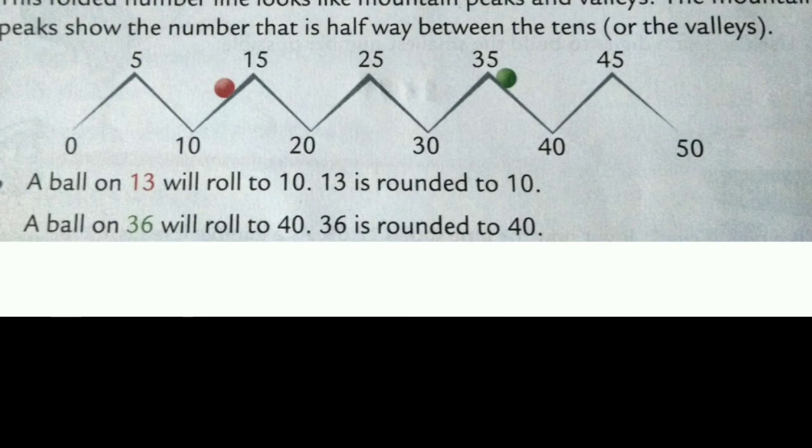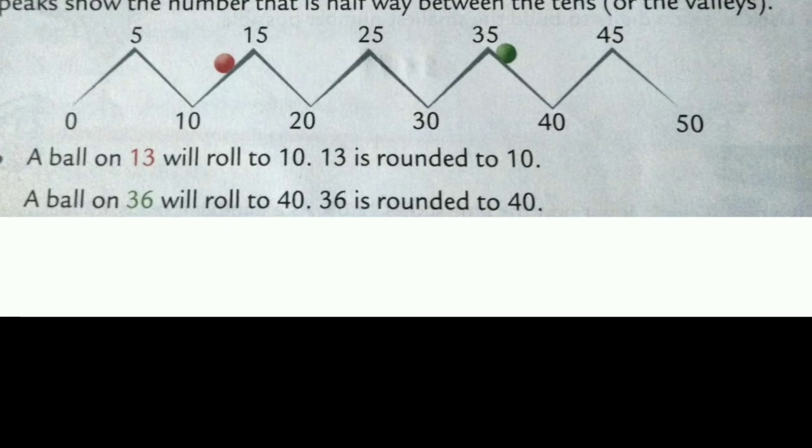First one, a ball on 13 will roll to 10. See, 13 is rounded to 10. Why? Because it is closer to 10. 13 will be between 10 and 20. So the midway is 15. It is less than that. It means it will go to the first one, that is 10.